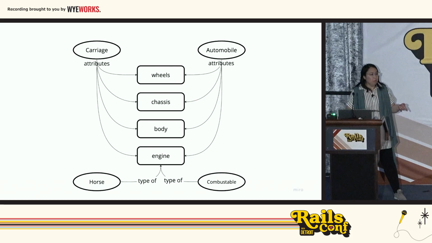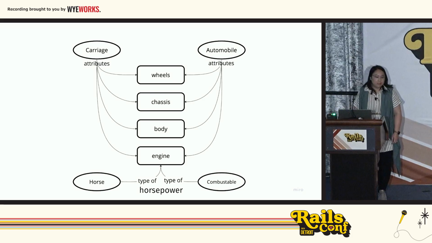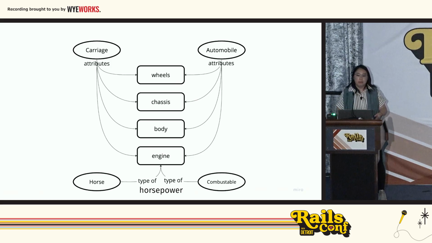And this is really important because engines today are defined in horsepower. And so this has become another semantic term for how we think about engines and how we think of horses as a unit of power and not just an animal. So think about how many horses and horseless carriages you still might have in your code base.